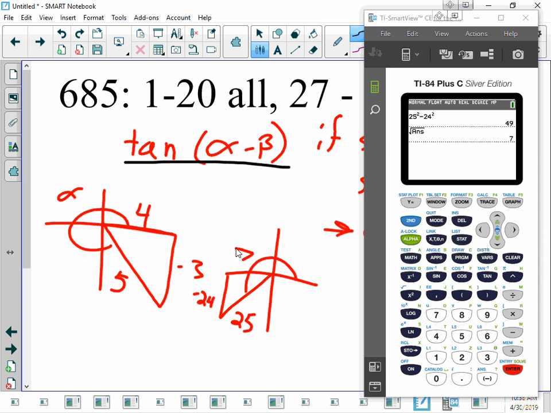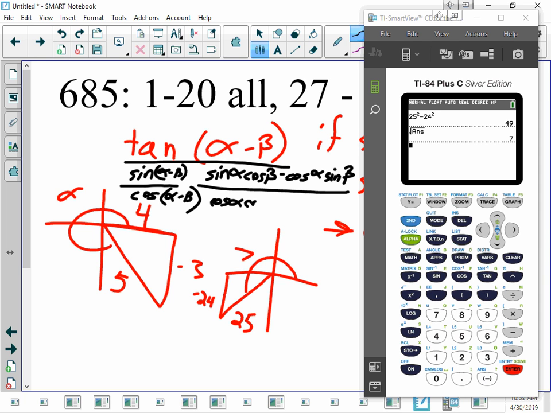So if I did sine of alpha minus beta over cosine of alpha minus beta, then I'm going to get sine alpha cosine beta minus cosine alpha sine beta, and then I'm going to divide that by cosine alpha cosine beta plus sine alpha sine beta. Does everybody understand that? Okay.